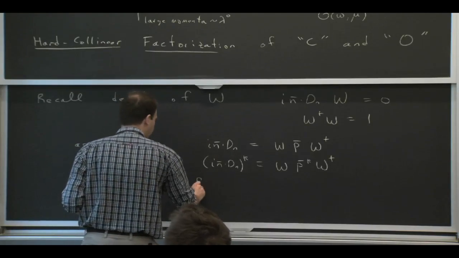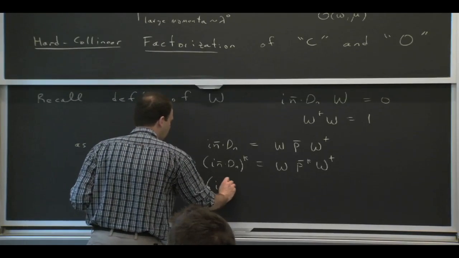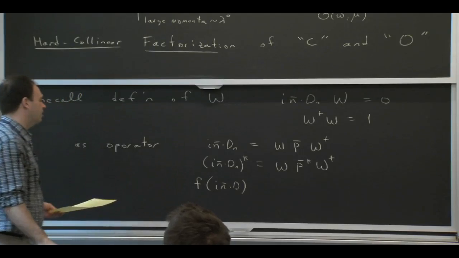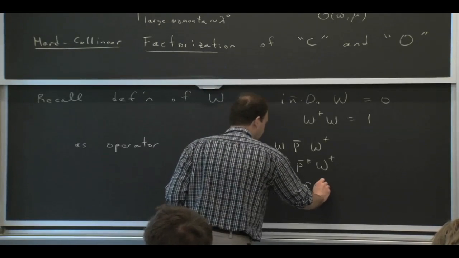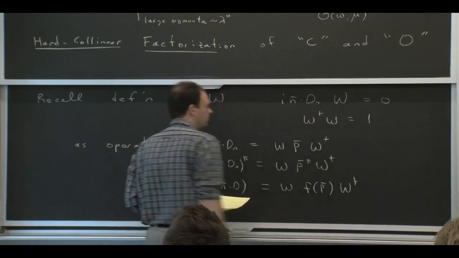So you can really think of this as, given any function of this operator, i n bar dot D, you can always write that as a Wilson line, a function of p bar, and a Wilson line.